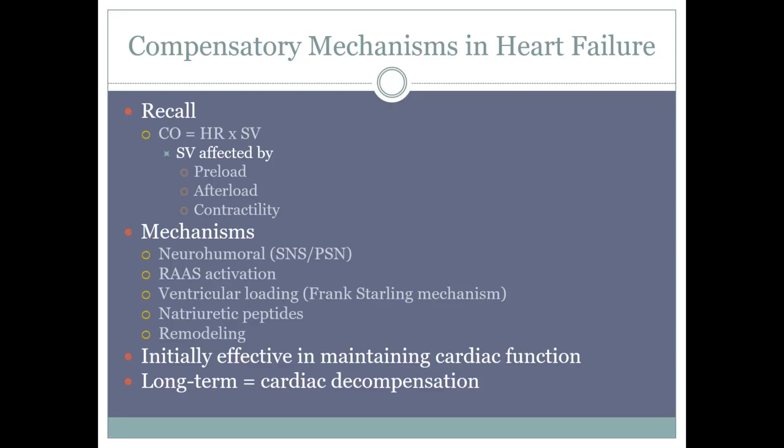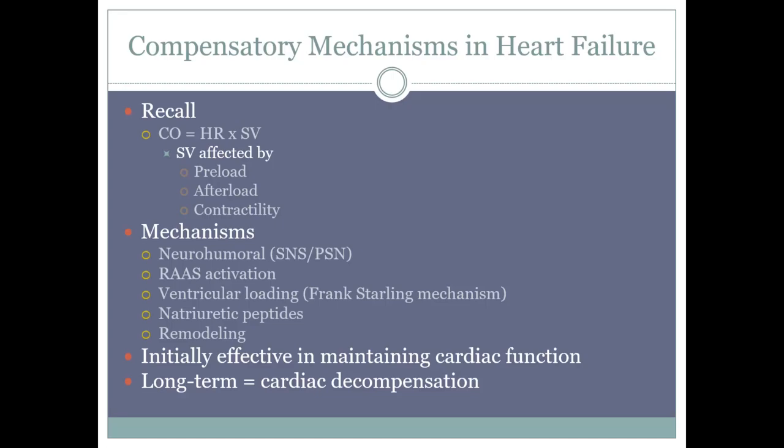So we're going to review many things that we've already talked about, just in a slightly different context. To maintain cardiac output, the body is going to try and adjust heart rate, preload, afterload, contractility, all that sort of thing if it can. There's an immediate phase of adaptation, and then a chronic phase of adaptation.